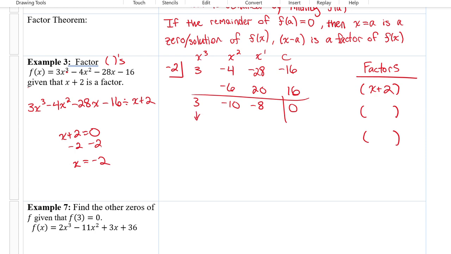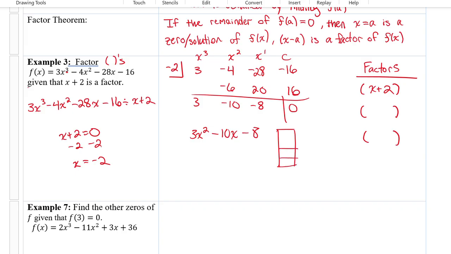So this is now not 3x to the third, this is now 3x squared, which makes this minus 10x to the first, and the minus 8 my constant. This is our quotient to this division problem. Since it only has 3 terms, I can now try to factor it.